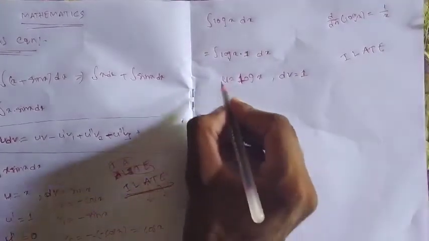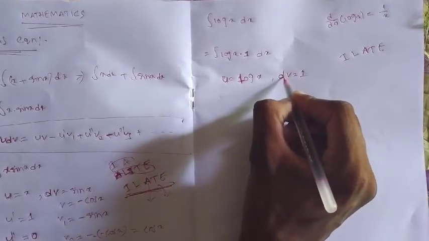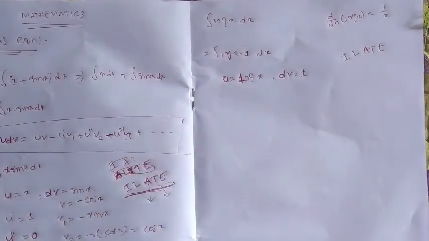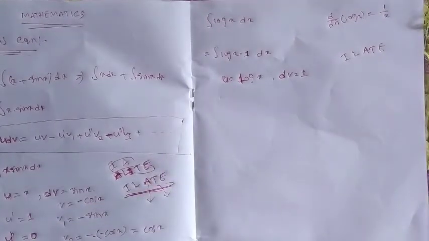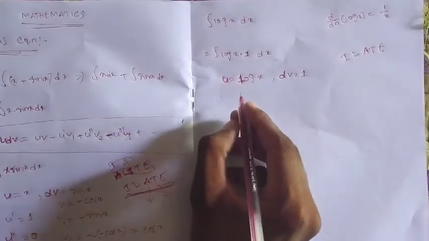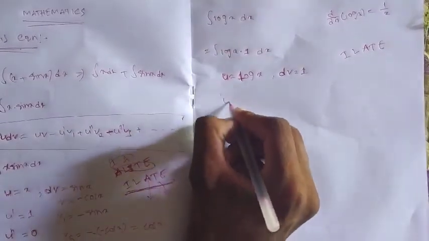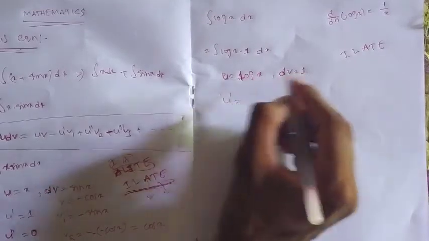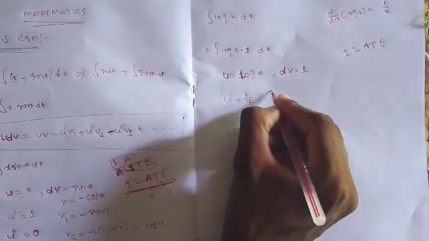So we have to differentiate this u term and we have to integrate this dv. But let's see what happens if we keep differentiating this term. So u dash is equal to log x differentiation, what is it? 1 by x, that means x inverse.